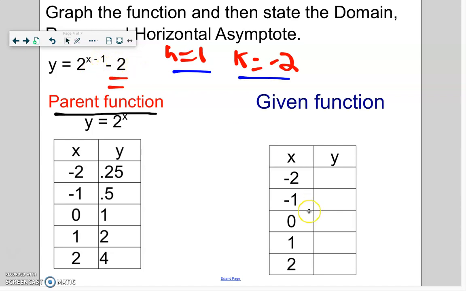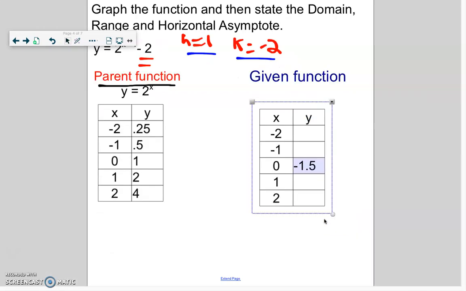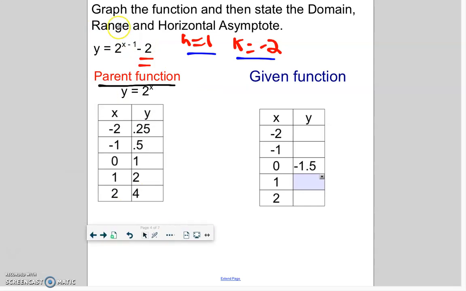A half minus 2 is -1.5. We plug 1 in. 1 minus 1 is 0. 2 to the 0 power is 1. 1 minus 2 is -1.